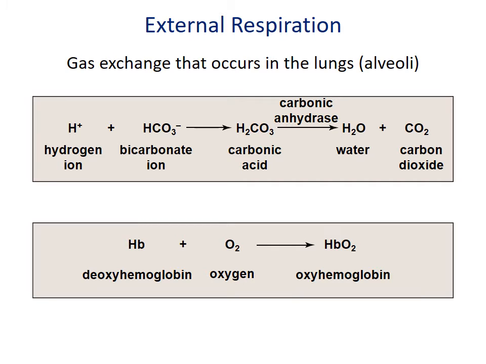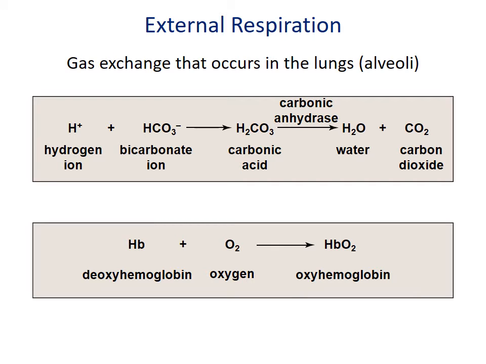So hemoglobin is in all of our red blood cells. We've talked about how red blood cells have almost nothing but hemoglobin in them, and hemoglobin can bind to oxygen. So oxygen in the lungs is going to diffuse into the associated capillaries, into the bloodstream, bind to hemoglobin, and produce oxyhemoglobin, and that's how it'll be transported in the body.